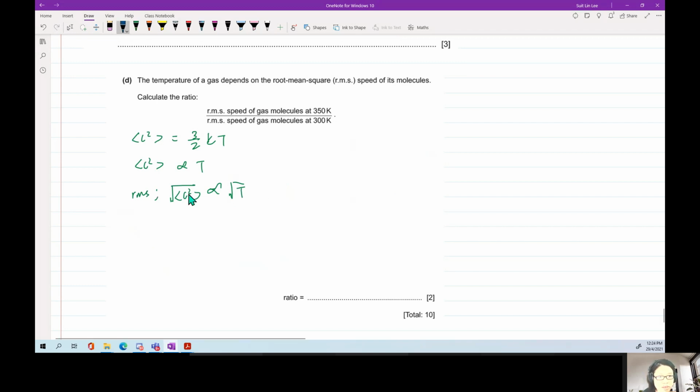So then you can say hence the ratio that they are looking for is equal to square root of 350 over square root of 300. And then you press your calculator. 350 over 300 square root.